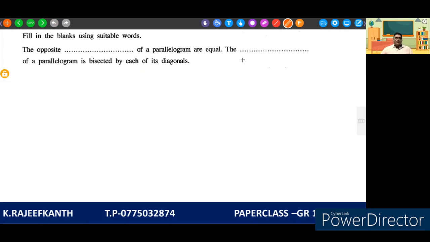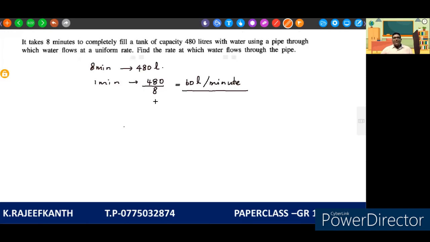Here, for this question, you can find for a minute or a second, whatever it is, because you are finding the rate. Here I found that in 1 minute, it flows 60 liters. If you want, you can find for 1 second, or 1 hour, whatever it is, no problem.